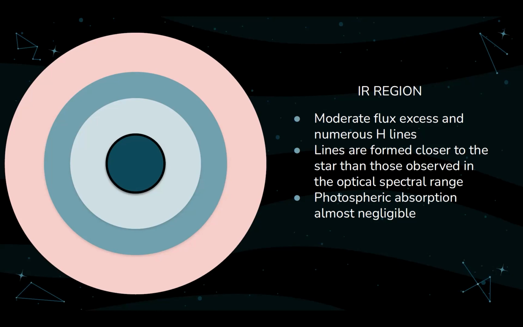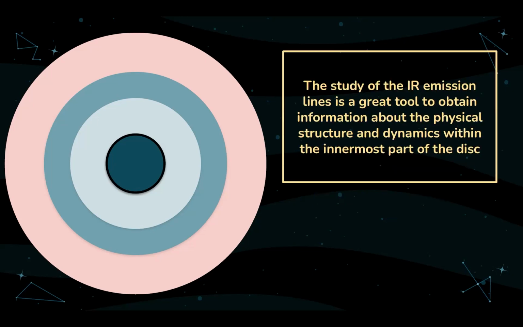So we can obtain different information depending on which line we are observing. For the infrared lines, the photospheric absorption is almost negligible. So we are observing just the envelope, not the atmosphere. So the study of these lines is a great tool to obtain information about the innermost part of the disk, about physical structure and dynamical structure.